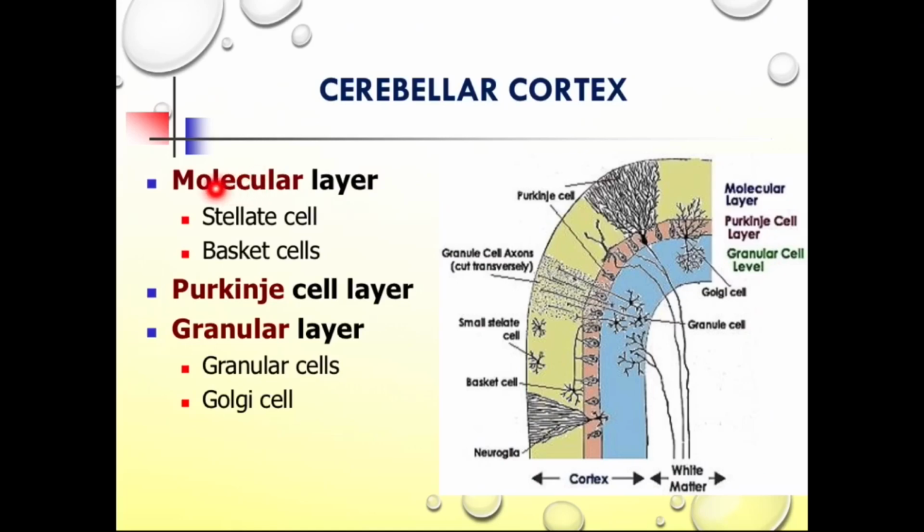The outer layer was the molecular layer, which has stellate and basket cells. Then the second layer was the Purkinje cell layer. This outer one is the molecular, this middle reddish-pinkish one is the Purkinje, and the innermost blue one is the granular cell layer, which has granule cells and Golgi cells. Okay.